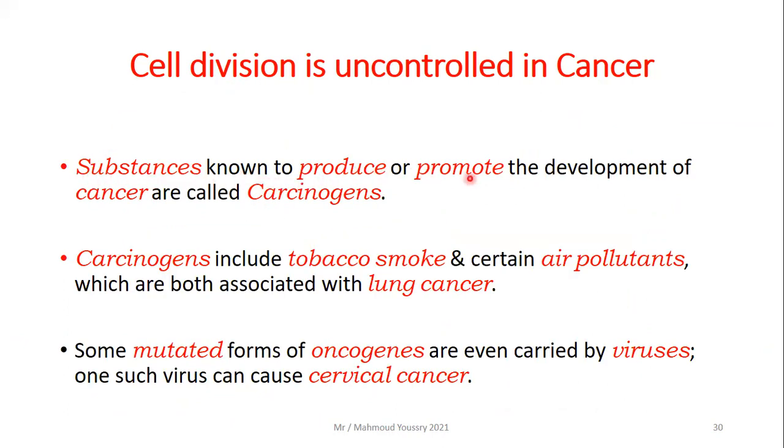Substances known to produce or promote the development of cancer are called carcinogens. Carcinogens include tobacco smoke, which is from cigarettes, and certain air pollutants, which are both associated with lung cancer.